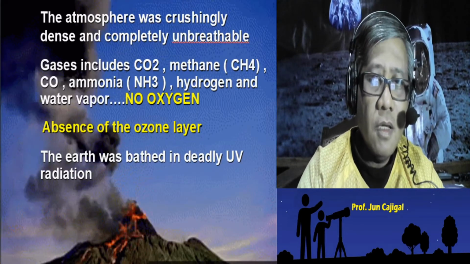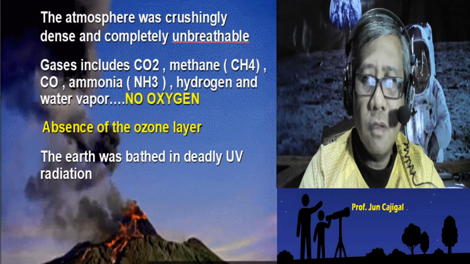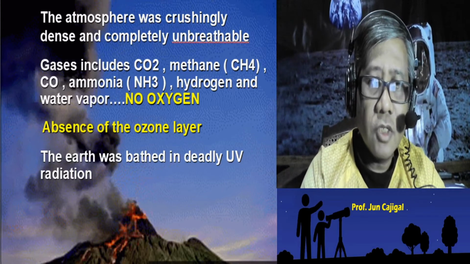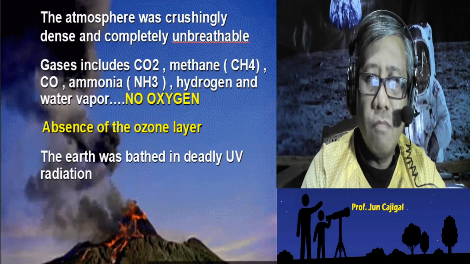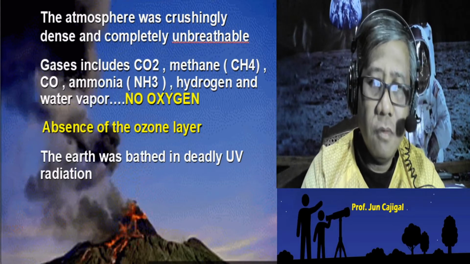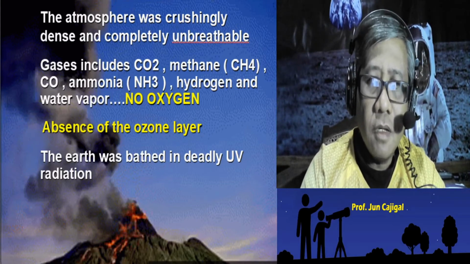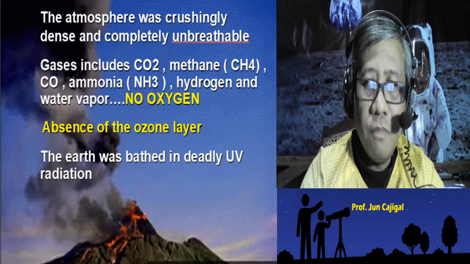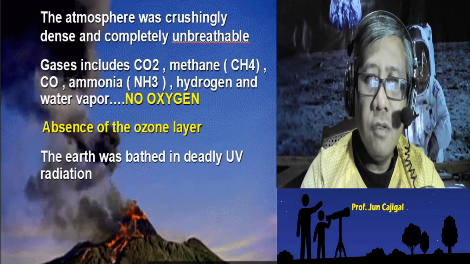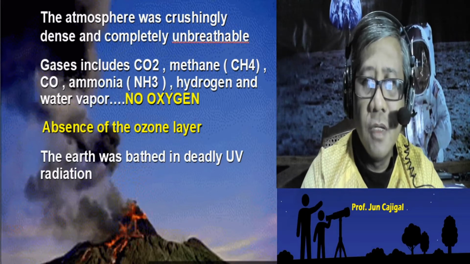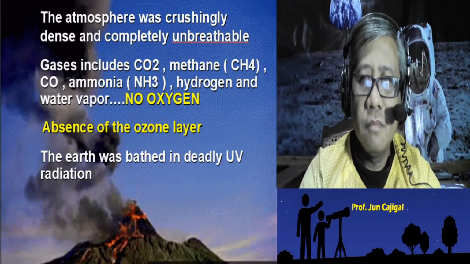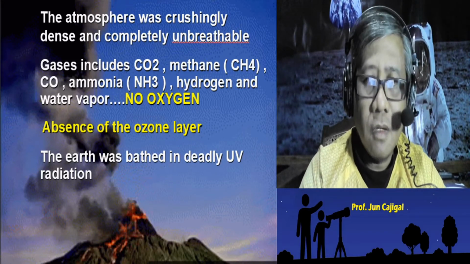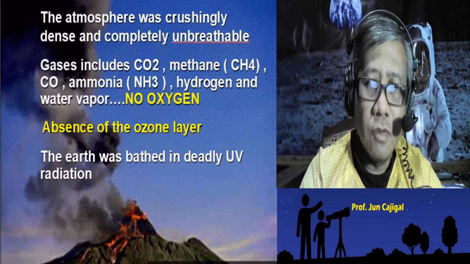And our atmosphere, ladies and gentlemen, 2 billion years ago, was crushingly dense. So, makapal ang atmosphere natin noon and completely unbreathable. Kaya yung sa question kanina, if you set the time machine 2 billion years into the past, then pag lumabas ka sa time machine, you'll die, you will suffocate. Because our atmosphere at that time was completely unbreathable.